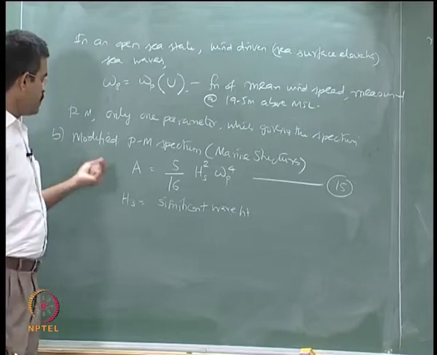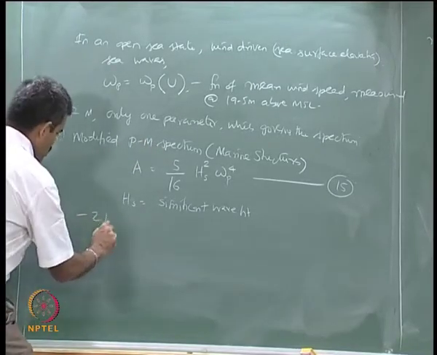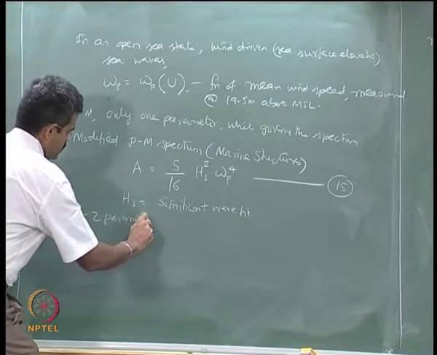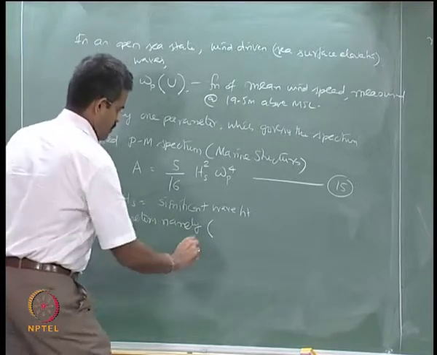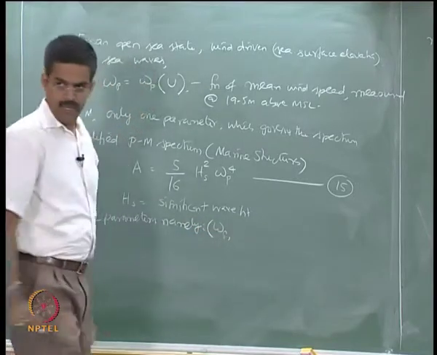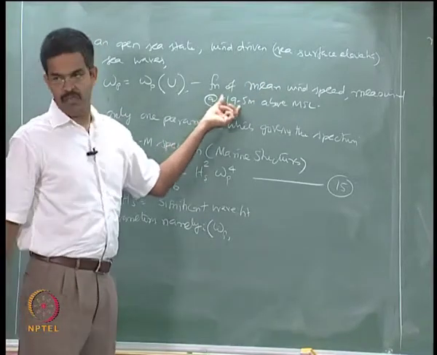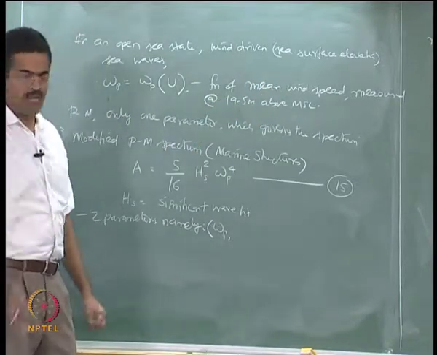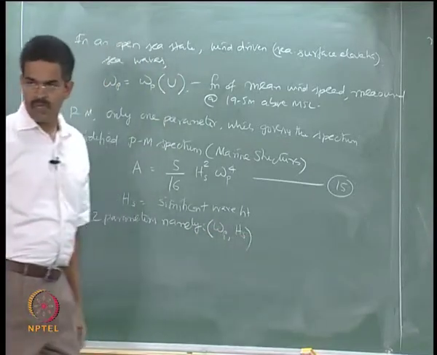So now PM spectrum, when it is modified, it has got two parameters. Now it is governed by two parameters, namely omega p, or average mean wind speed at a specific elevation on the MSL or above MSL, and significant wave height.